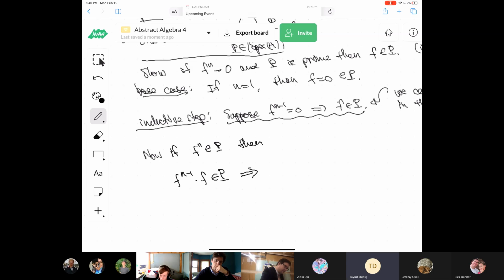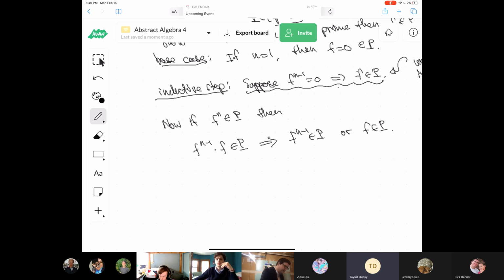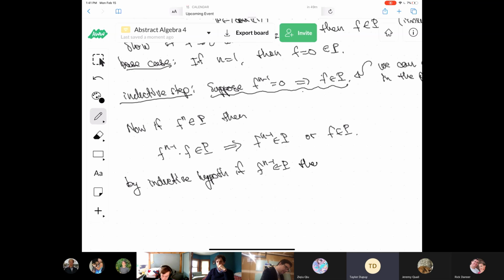Since p is a prime ideal, this implies that f to the n minus 1 is in p, or f is in p. And this completes the proof, right? By the inductive hypothesis, if f to the n minus 1 is in p, then f is in p. And if f is in p, well, then f is in p. So it's kind of tautological. We handled the two cases.